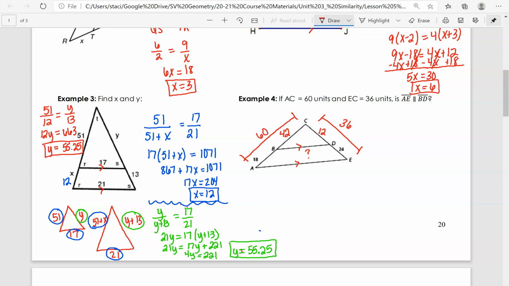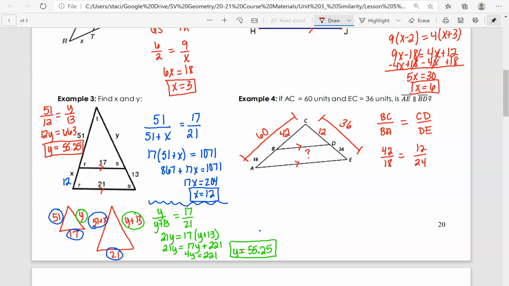So if I use my side splitter theorem, I would know that the ratio of BC to BA has to be equal to the ratio of CD to DE. So if I substitute in my side lengths, I have 42 over 18 equals 12 over 24.